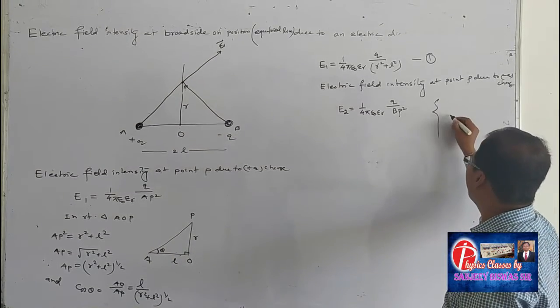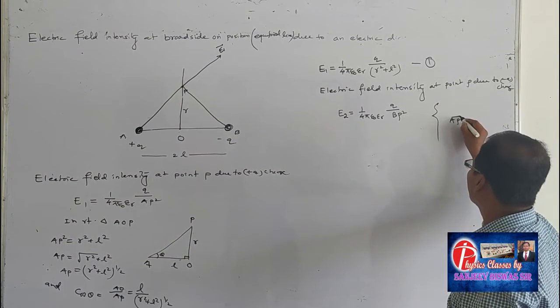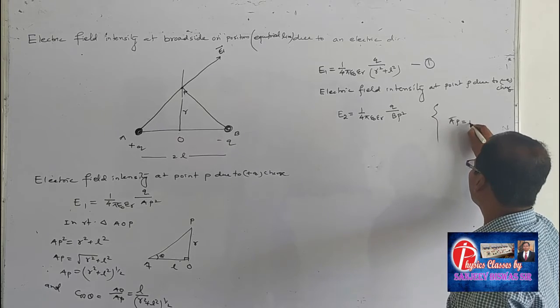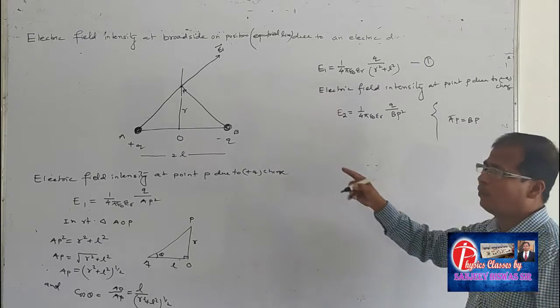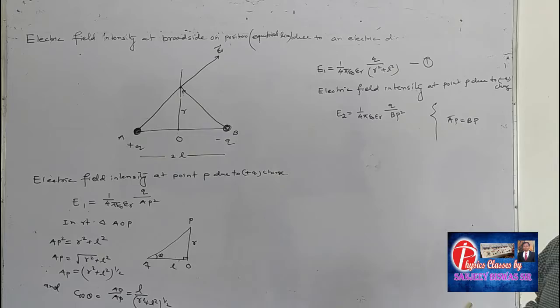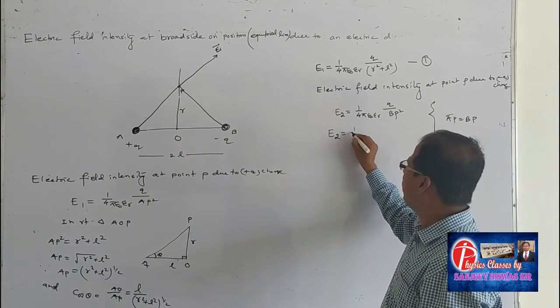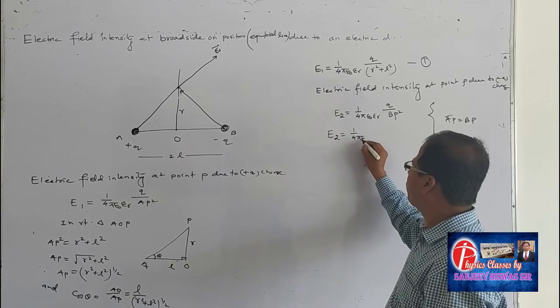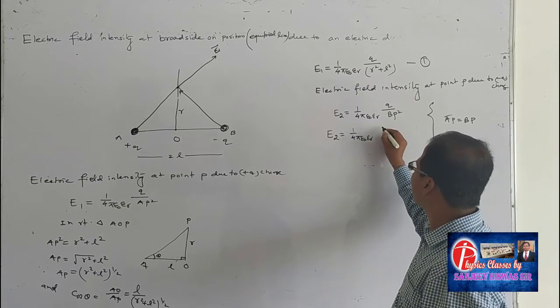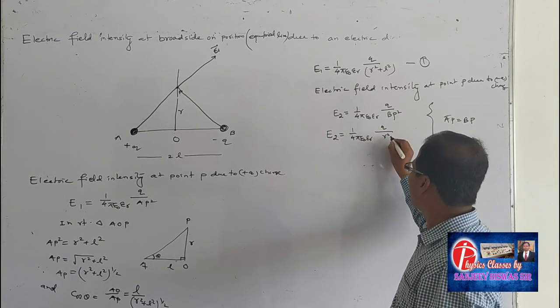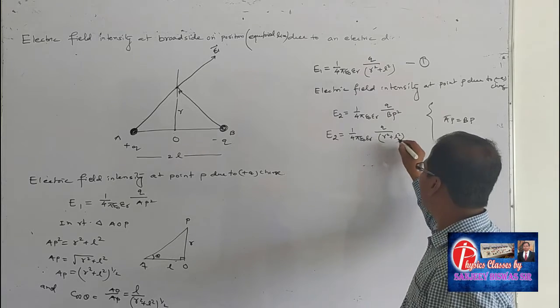Since AP is equal to BP in magnitude, E2 is equal to 1 by 4 pi epsilon 0 epsilon r q upon r square plus L square.